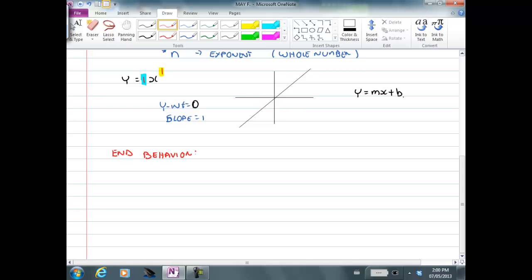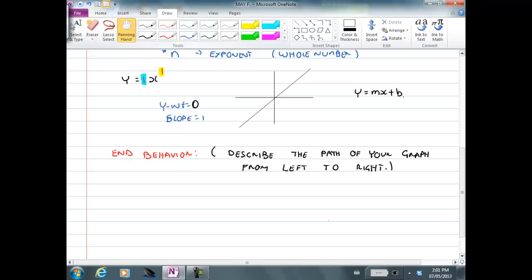The key about end behavior is this: describe the path of your graph from left to right. That's what end behavior represents. It means describe the path of your graph from left to right.